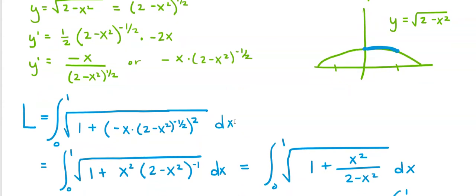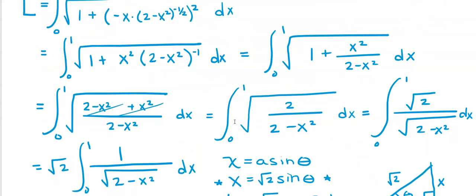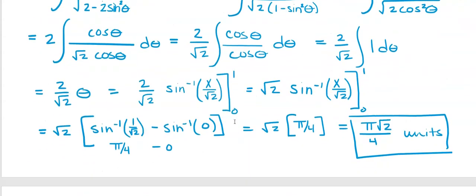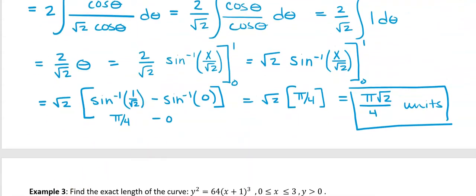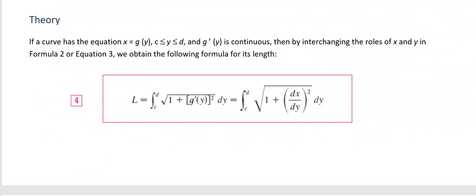But this was, again, just finding the length of the curve of the given function from 0 to 1. So remember I said you can find the arc length in terms of x, which is what we've been doing, but you can also find it in terms of y. So here we have the derivative in terms of y, but the whole process really follows the same patterns.